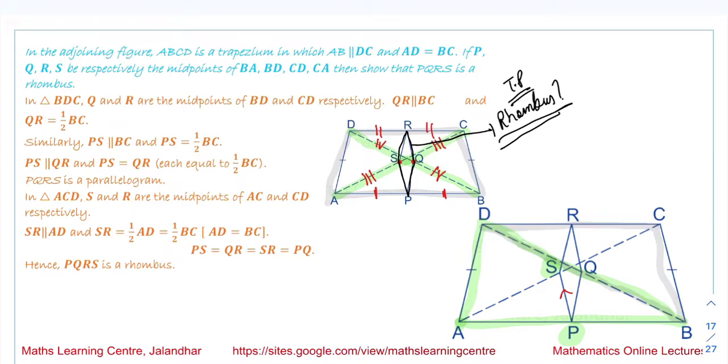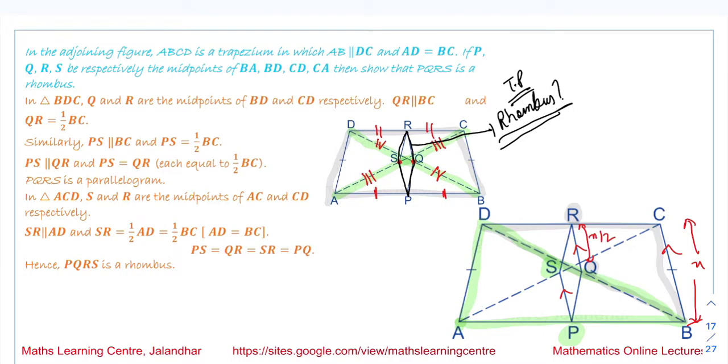So in this triangle we have Q and R, these points are the midpoints of sides BD and DC. So what we get is that these two lines are parallel. If the length of this side is x, then the value of this is x by 2.